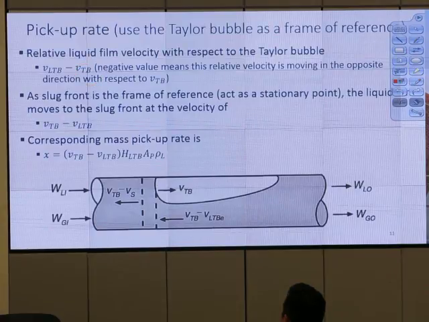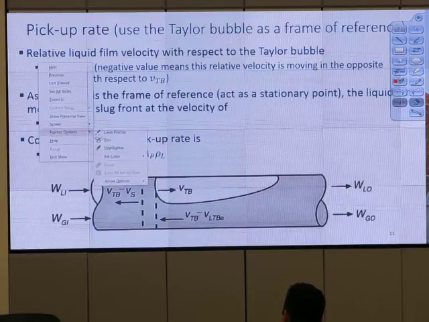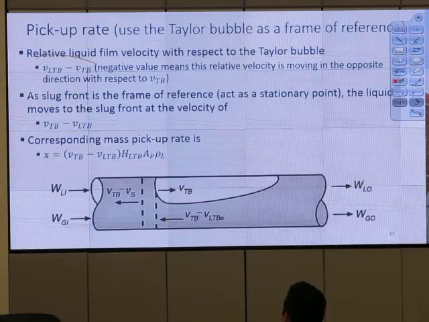So if VLTB minus VTB is positive, this means VTB is lower than VLTB, or they move in the same direction, right? If it is negative, this means it moves backward.